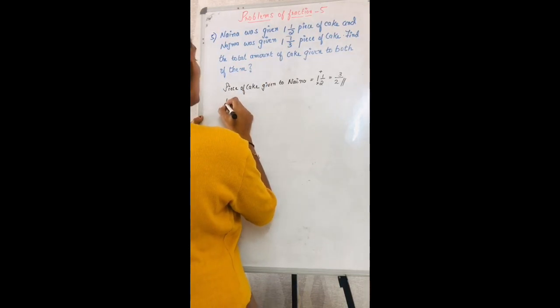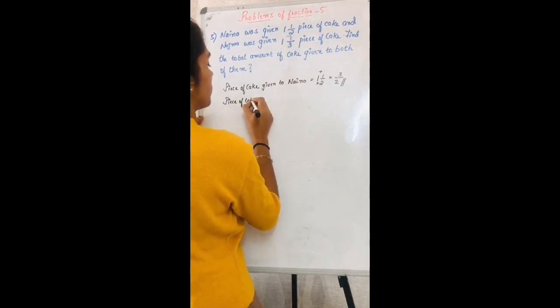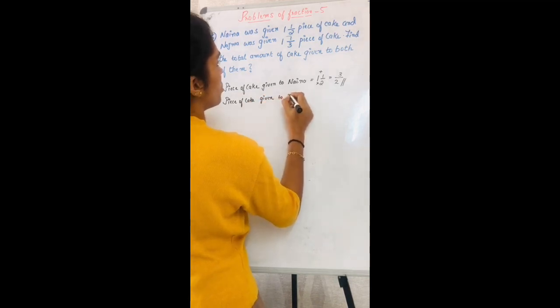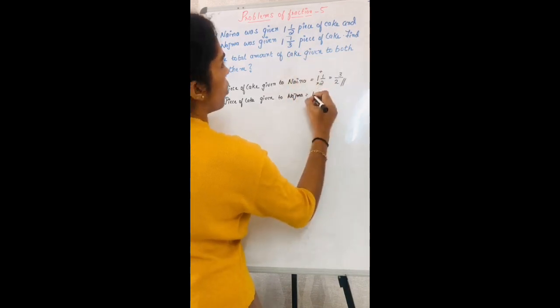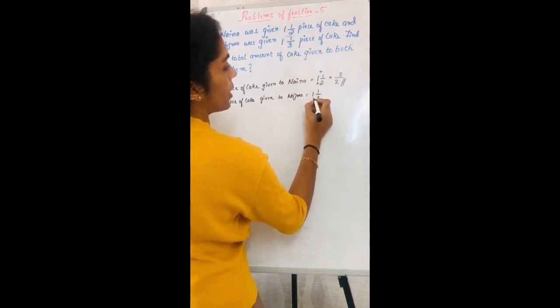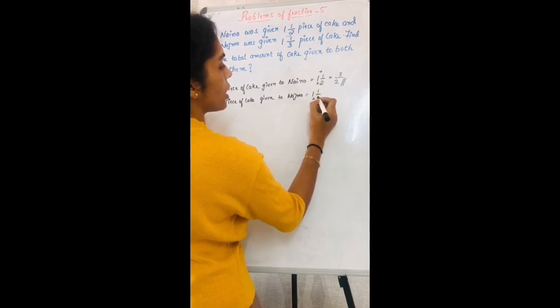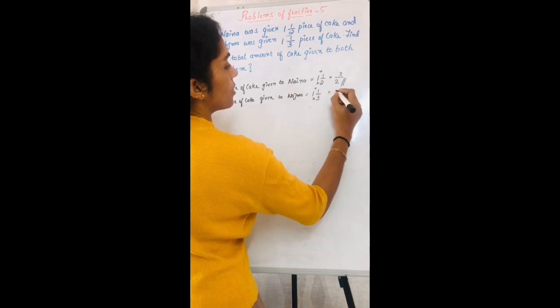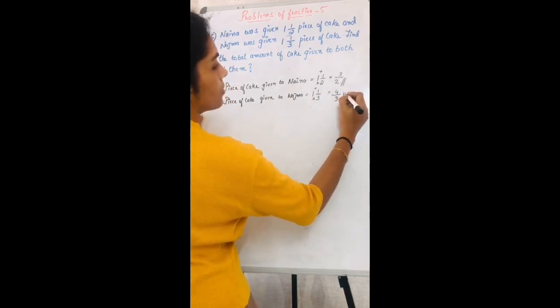Next, piece of cake given to Najma. What is that? 1 by 3. Again convert it to improper fraction. 3 into 1, 3 plus 1. That is 4 by 3, right?